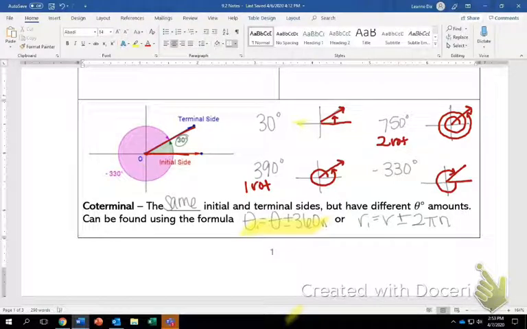So it doesn't matter if you're going clockwise or counterclockwise with your positive or negative degree. As long as you are ending at the same location, you're good. So let's do a couple of examples. Sometimes this looks a little crazy, but let's do a couple of examples.